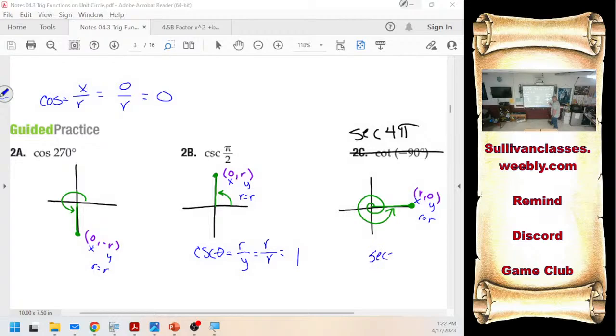Secant is R over X, or hypotenuse over adjacent. Well, when the hypotenuse and the adjacent are the exact same thing, yes. The abstract piece of it is that, and when you try to go concrete with it, well, what happens when I try to say that this is a triangle of 0 degrees with R, and this is 0?